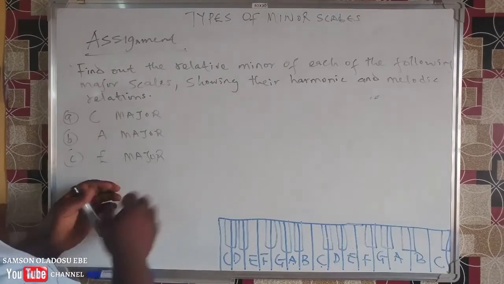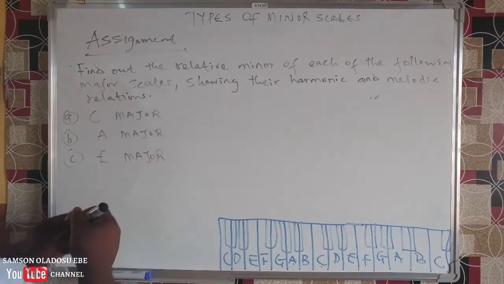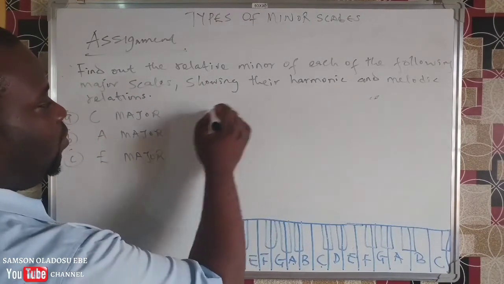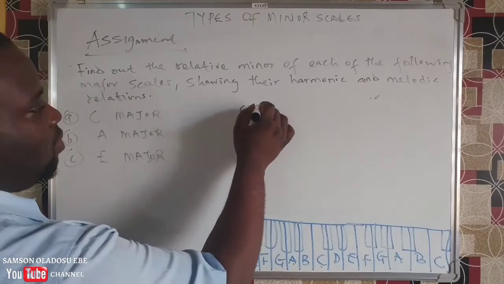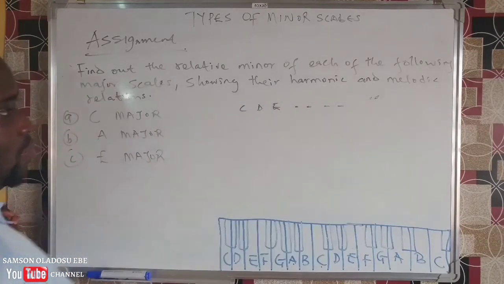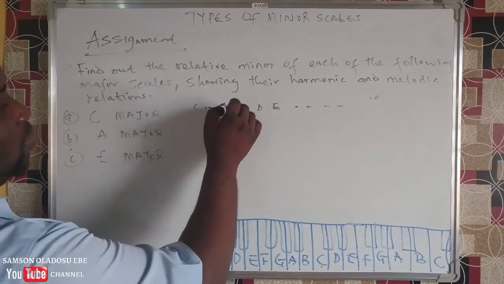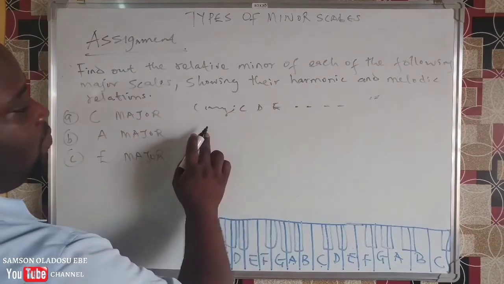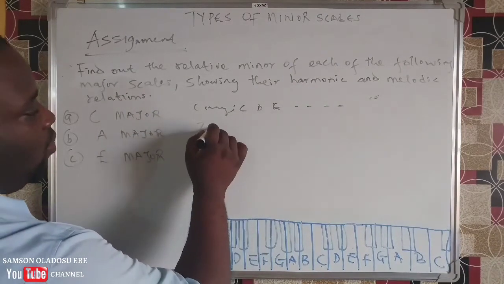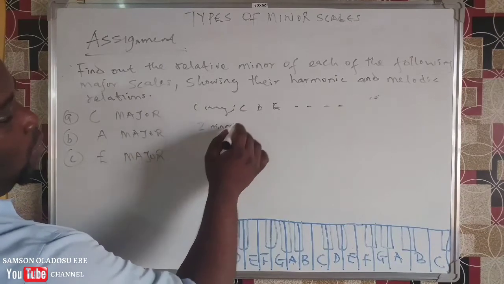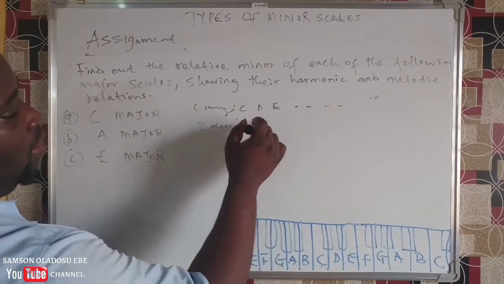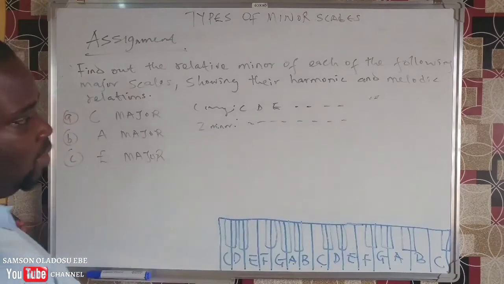So you write, let me just try to see. So first thing is to write the scale of C major, okay? C major. Then find the relative. Let's say the relative is Z minor, for instance. So you write Z minor and you write the scale of Z minor.